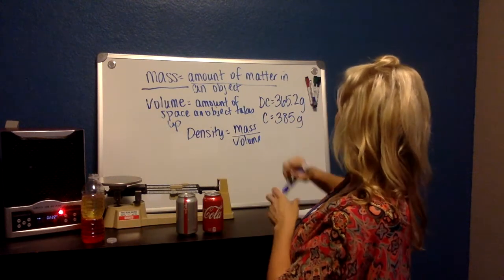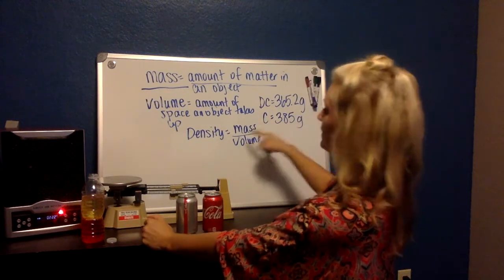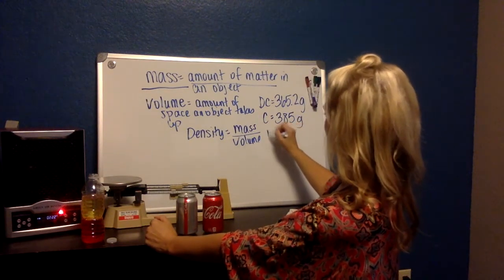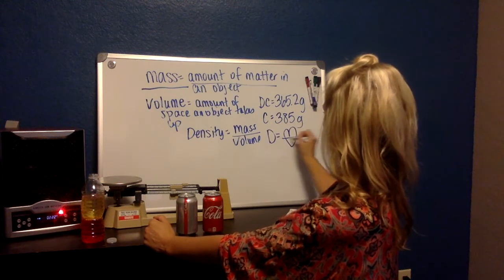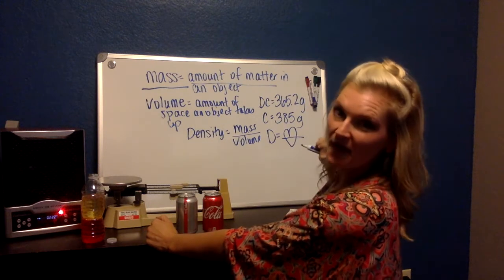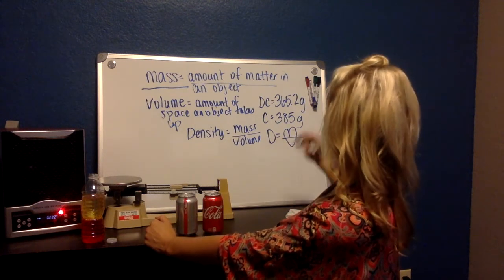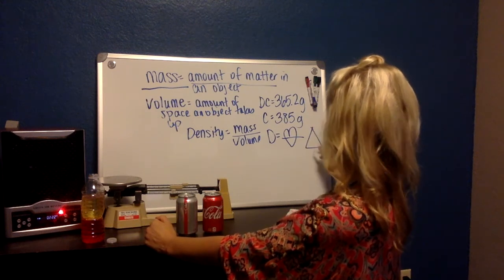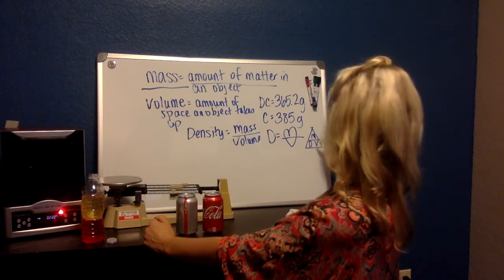So if we calculate the density of the Diet Coke, that would be another way you can look at this. I had a teacher that once taught me this: density equals love. So it's mass over volume. You see the M over the V. So that helps you to remember our equation. Density equals mass over volume. We also like to make a density pyramid. So density equals mass over volume.